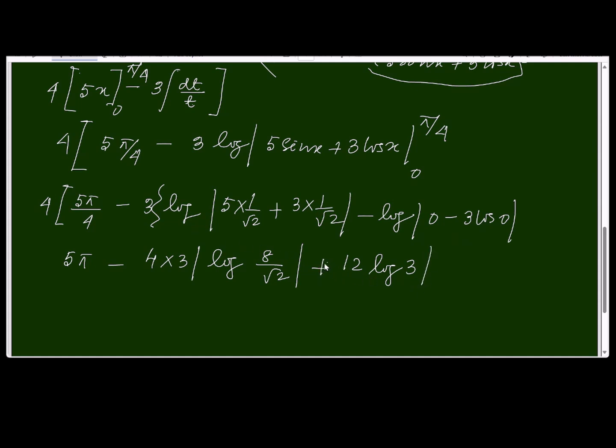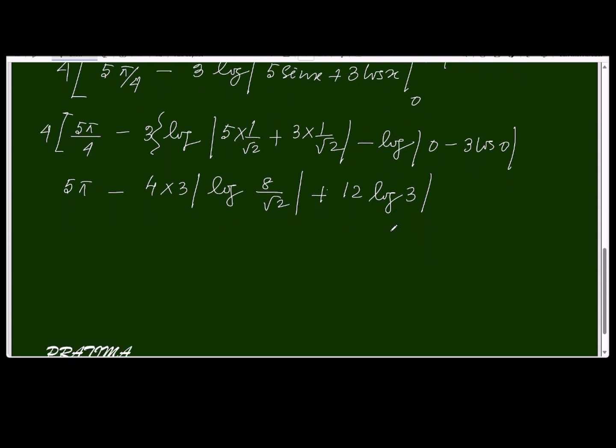Again, there is a minus, so plus plus. Very sorry. Minus minus minus. It will be plus log 3. So 5 pi minus 12 log of 8 by root 2 over 3.